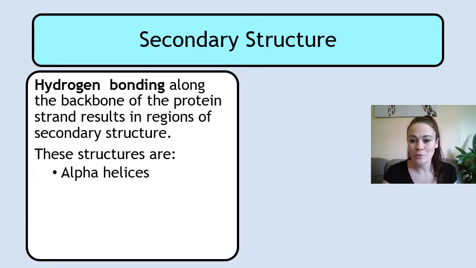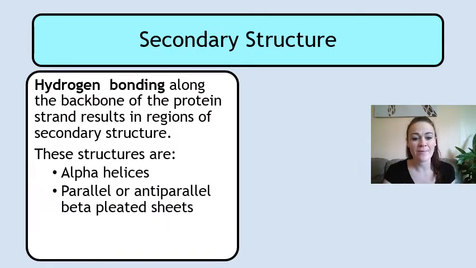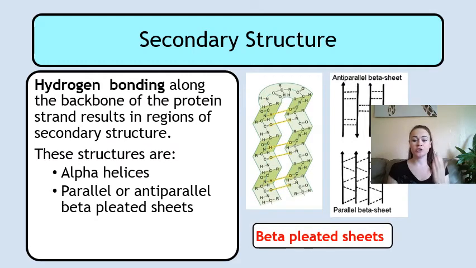The second shape we're going to look at is our beta pleated sheets, and they can be parallel or anti-parallel. So it's basically a structure that forms kind of these strips here that end up lying next to each other like a sheet. Okay. Now they can either be parallel or anti-parallel based on the terminal of the chains.